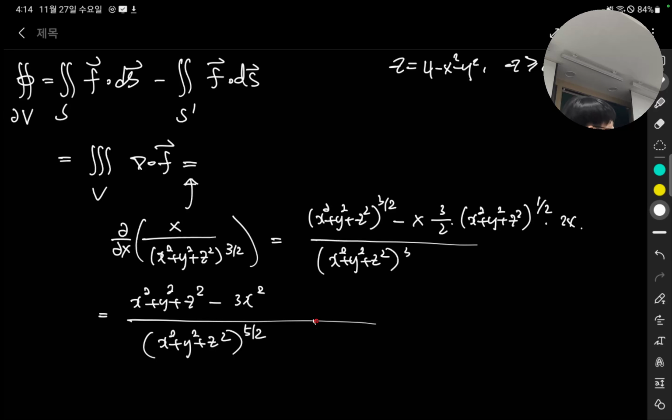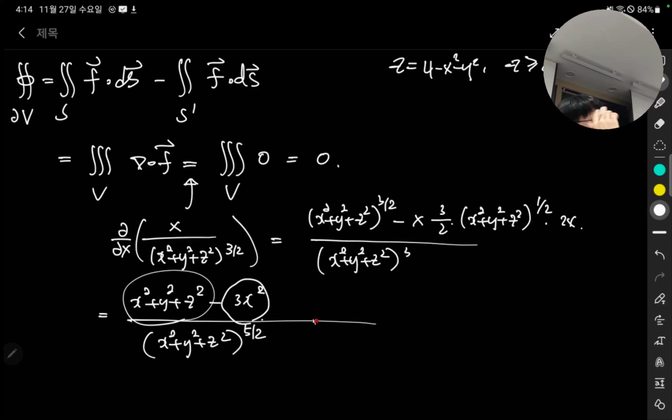If you take Qy and Rz and add them together, you have three of these terms, and the numerators have minus 3x², minus 3y², minus 3z², so everything in the numerator cancels out to 0. The divergence is 0, so the volume integration is 0.